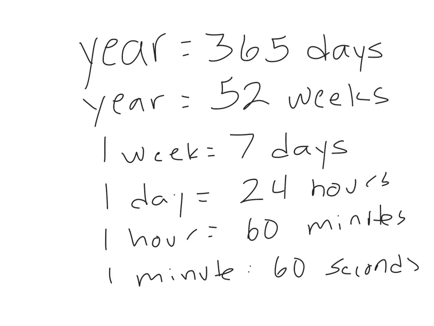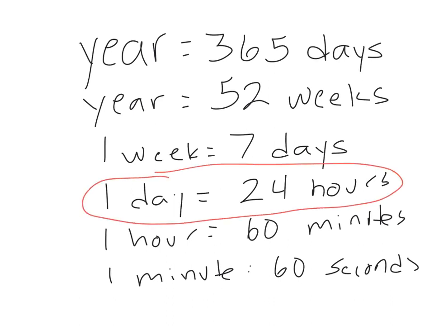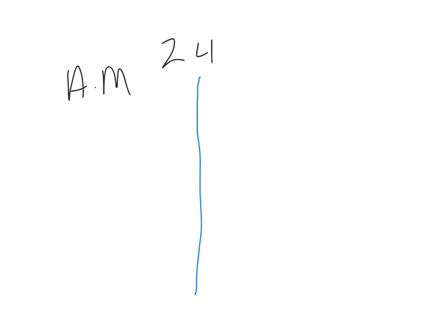Now, we need to remember this, and today we're going to be focusing on this one right here, that we have 1 day, and that is equal to 24 hours. Now, our day, like we just said, is 24 hours long. But we can think that our day is split in half. We have our AM hours and our PM hours.